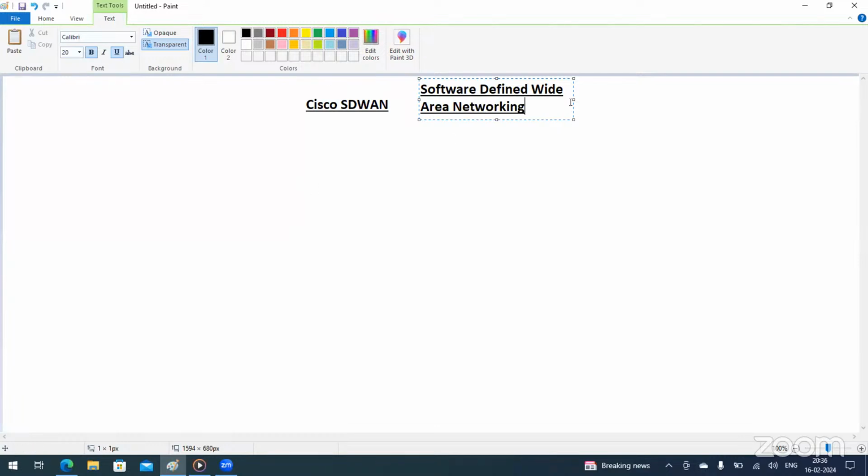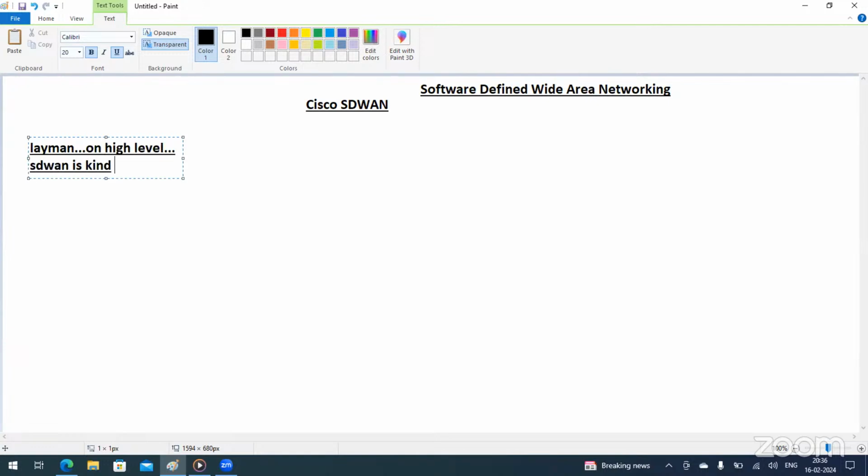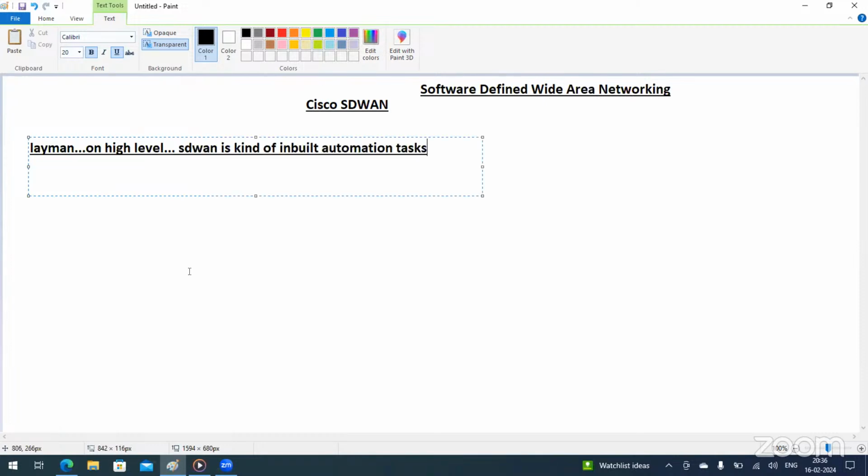When we say software-defined, in very layman language, SD-WAN is kind of inbuilt automation for tasks which are needed in legacy networking.